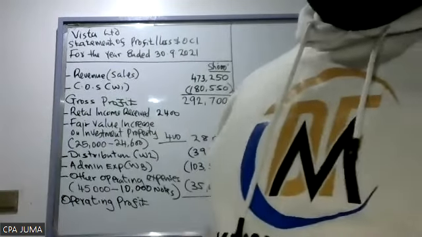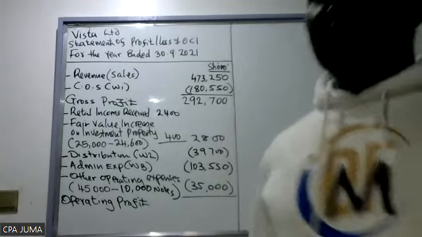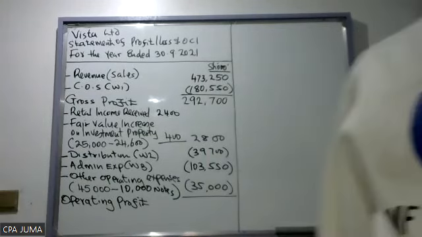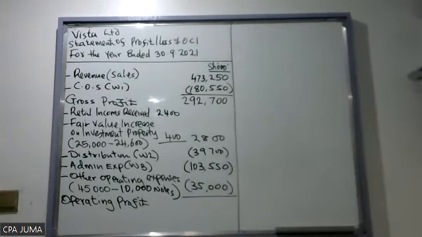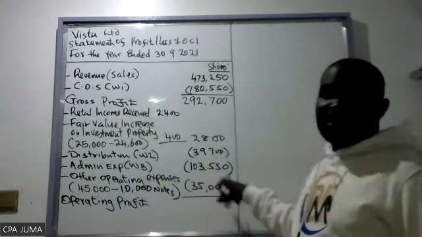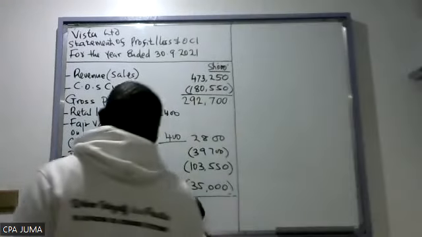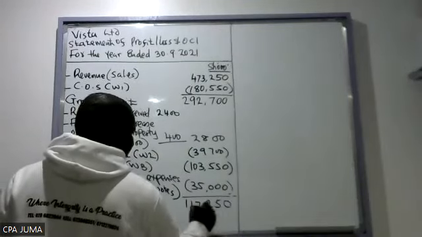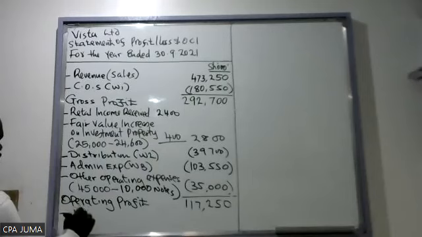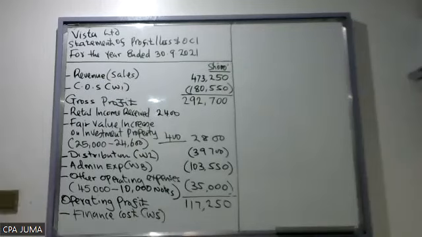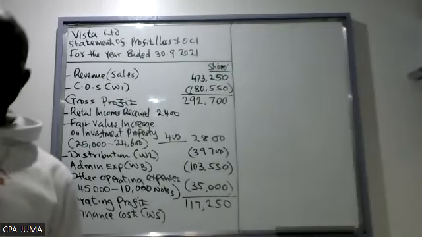How much should the operating profit be? 292 plus the other income minus the expenses, 117,250. Finance cost, working 5. Check for me finance cost in working 5. What did we get?